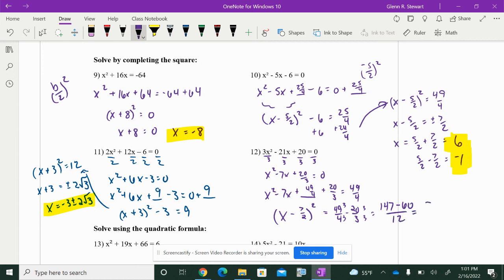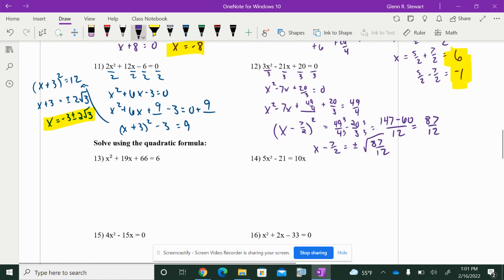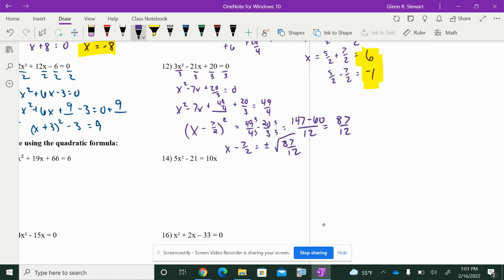If I subtract that, I should get 87 over 12 for there. And then I'll take the square root of that. So x minus 7 over 2 equals plus or minus the square root of 87 over 12. Running out of room. So then from here, x is equal to 7 over 2 plus or minus the square root of 87 over 12.